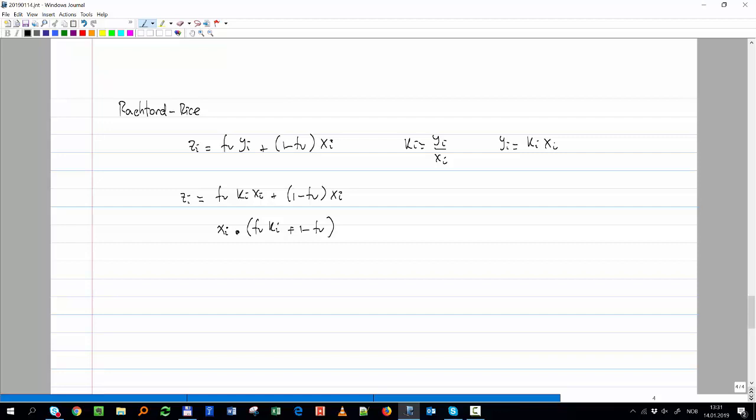okay, then I take as a common factor xi, so I say xi, okay, and then I say that xi will be equal to zi divided by fv, okay. Yeah, let me check if I didn't make any mistake.